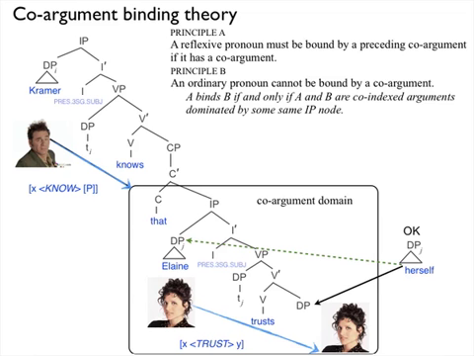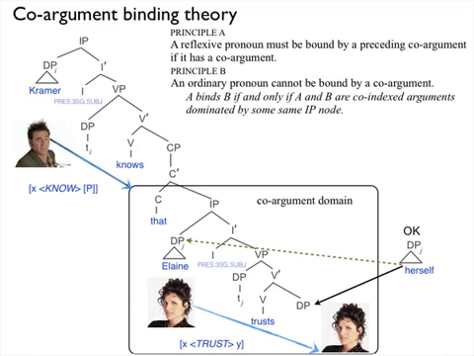Because herself can be said to be bound by Elaine. Elaine binds the object of trust slot. Because Elaine is A and herself is B, and they're co-indexed, and they're arguments. They're co-indexed arguments. They're expressions of semantic arguments that are syntactic co-arguments, right?